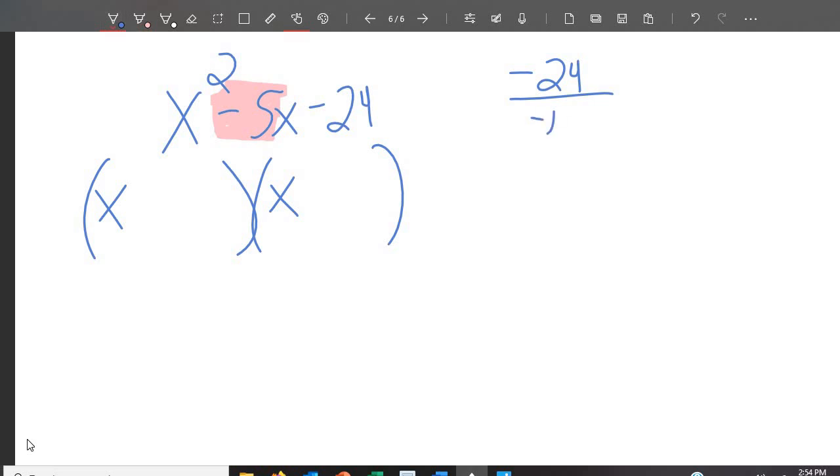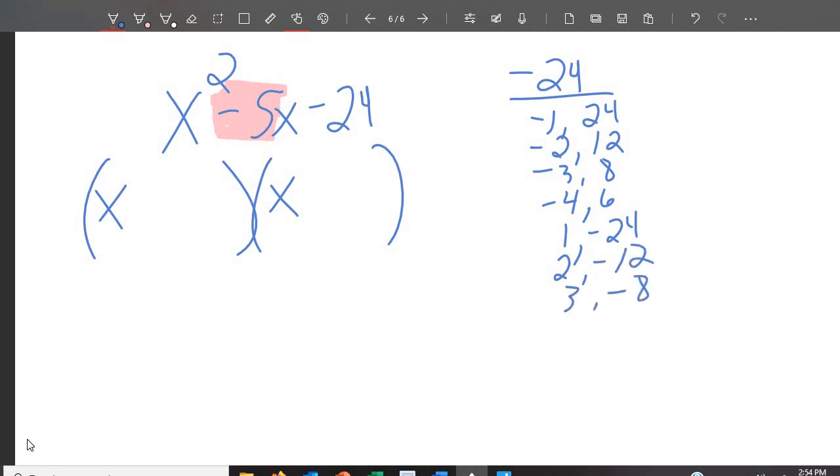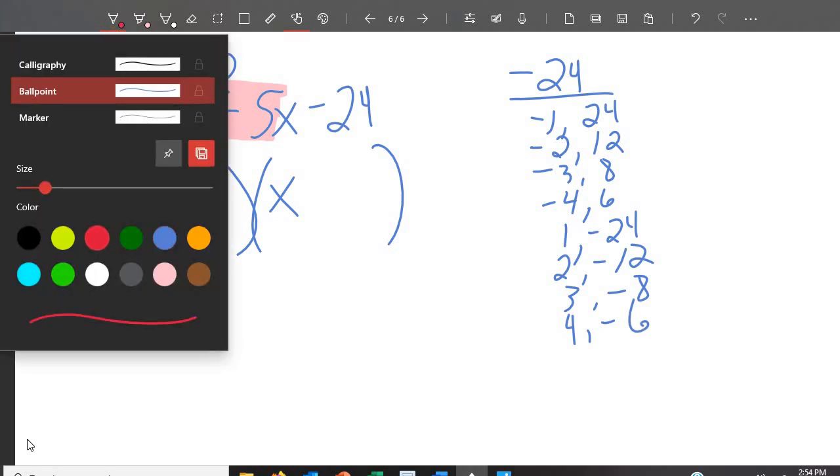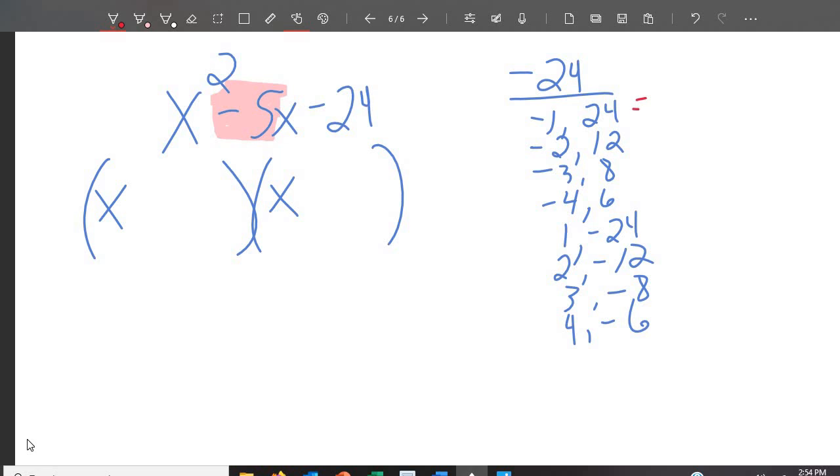We've got negative 1, positive 24, negative 2, 12, negative 3, 8, negative 4, and 6. Then turn around and list them all, the same numbers, but stick the negative on the other number. Now let's add them and see which one adds up to negative 5.